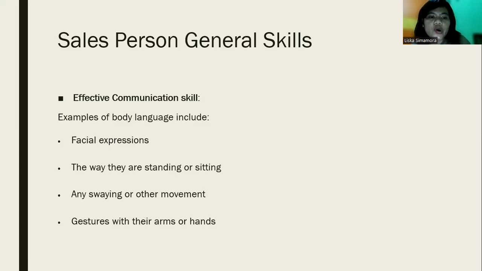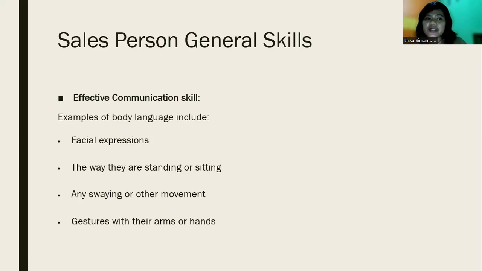Any swaying or other movement. So yeah, our movement also can so loudly present our feeling in that time. Are we feeling comfortable or are we feeling not comfortable? Gestures with their arms or hands. For example, how our hands and how our arms keep moving.